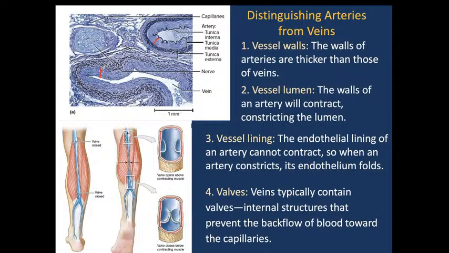Another difference is the vessel lumen. Lumen, what does it mean? Lumen is the gap or the space inside of the vessel. Here is the lumen of the vein, and here is the lumen of the artery.